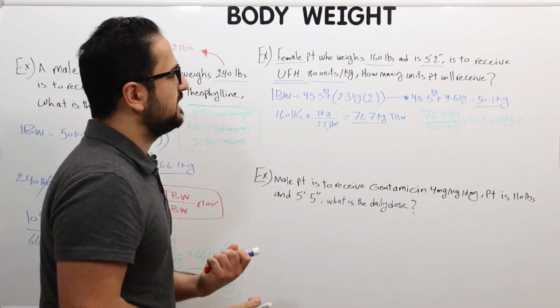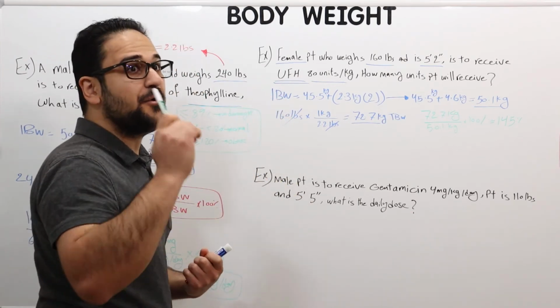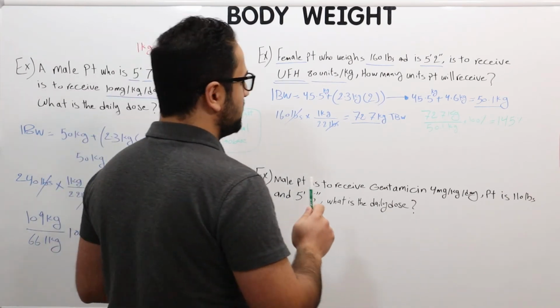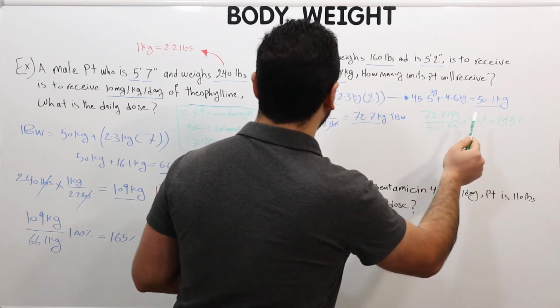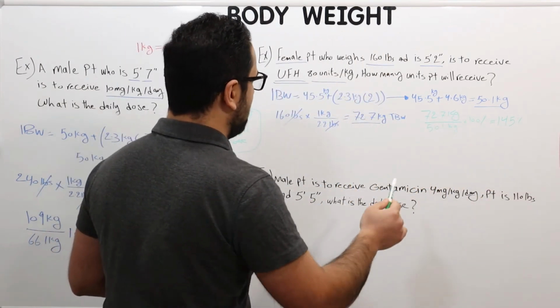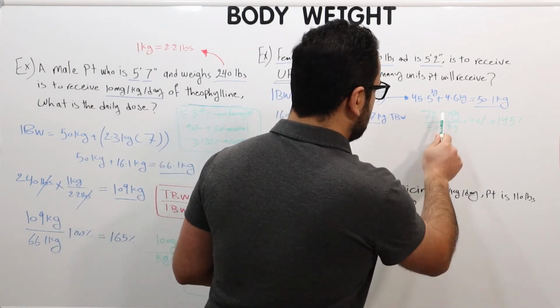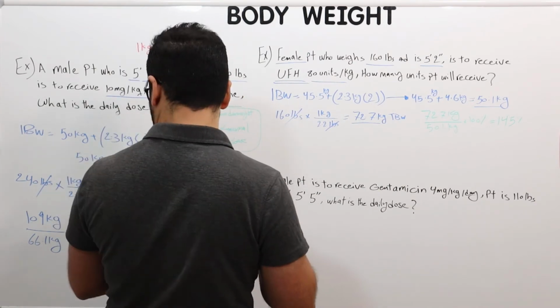So unfractionated heparin, low molecular weight heparin, and then vancomycin. Remember these. I covered these in the previous lecture as well. So in this case, even though the patient is obese, we're going to end up using the actual body weight, which is 72.7 kilogram.